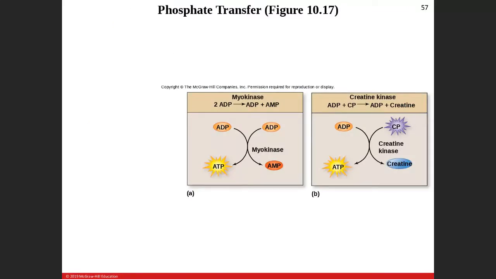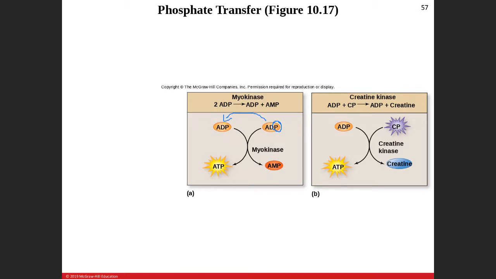So here we are. We've got two ADP molecules. That means we have a total of 4 inorganic phosphates between the two of them. Adenosine diphosphate, that's what it means. So this awesome enzyme is going to pluck one of the phosphates off this ADP molecule and stick it onto this one.